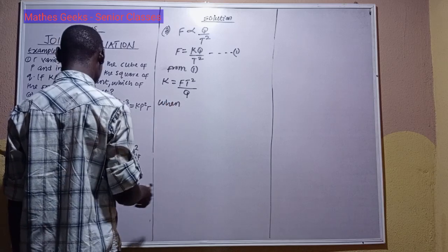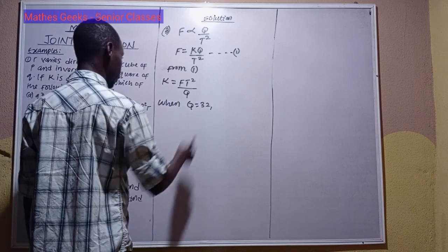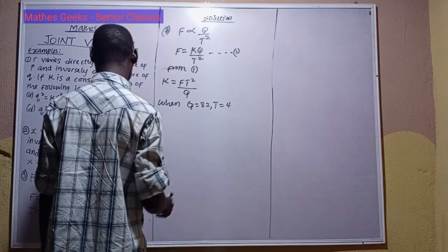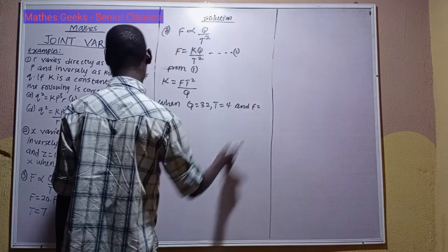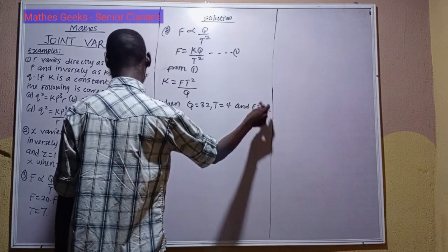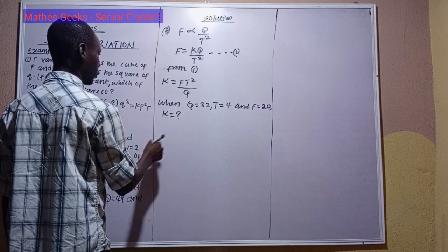When q is 32, t is 4, and f is 20, what is k?